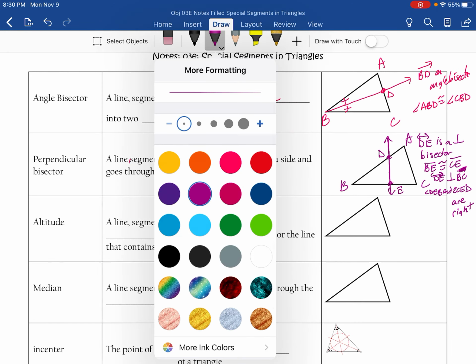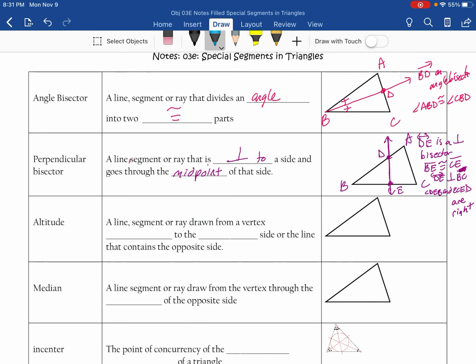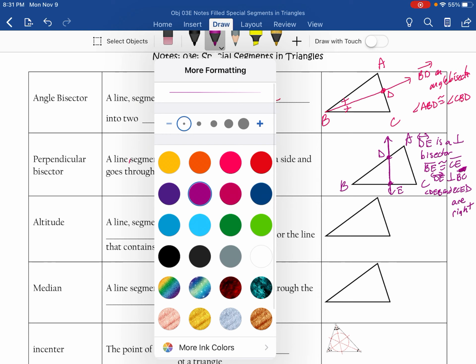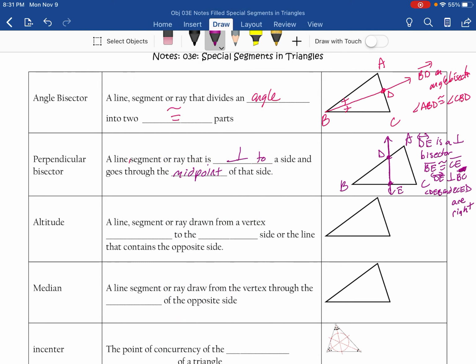And next time I'll put a little bit more space. Before I go on, I just want to mark in my diagram that this right here and this right here are right angles.